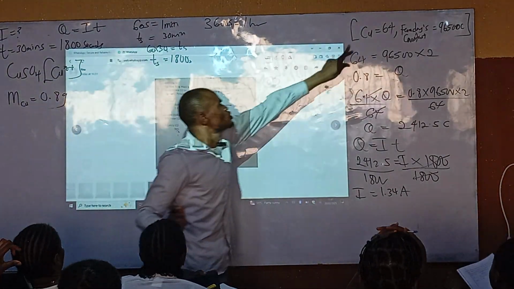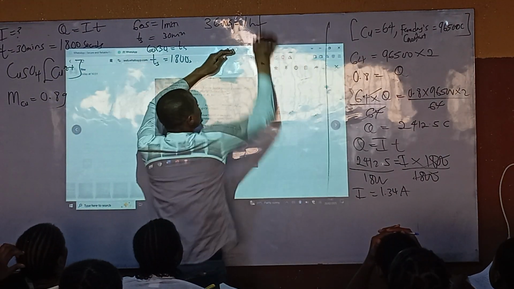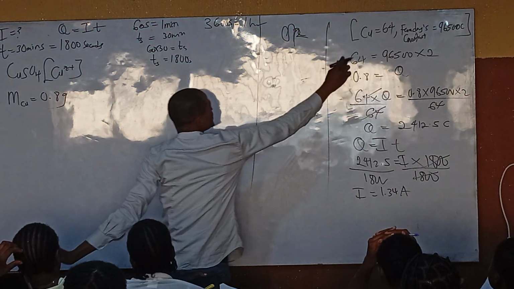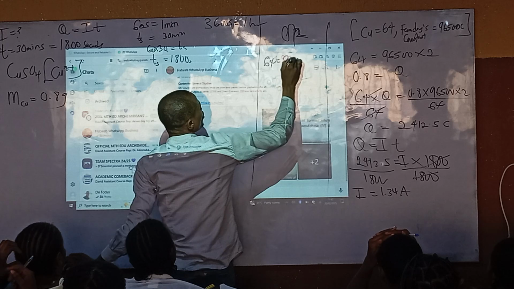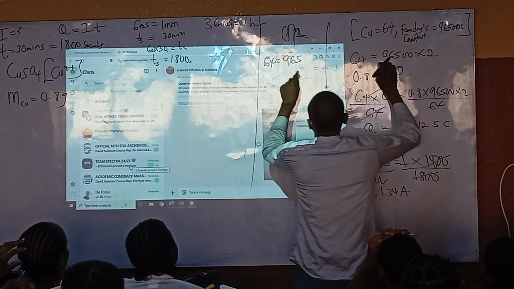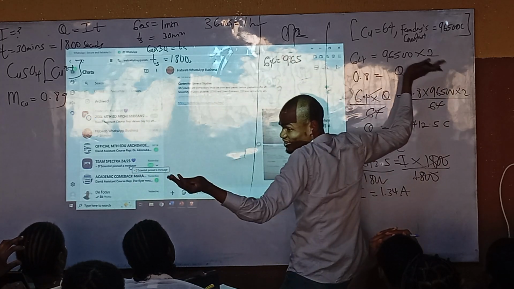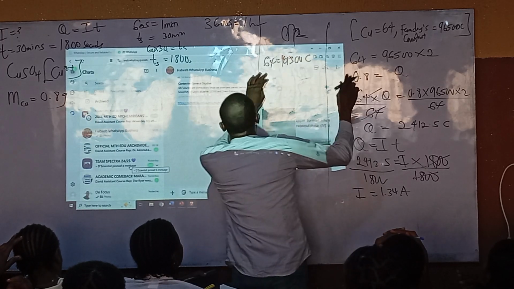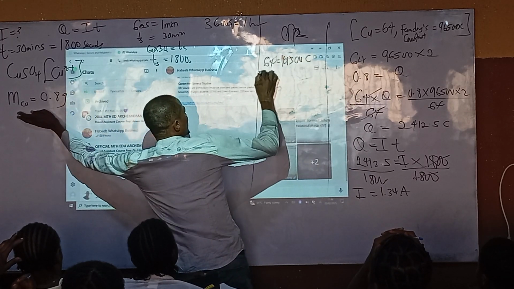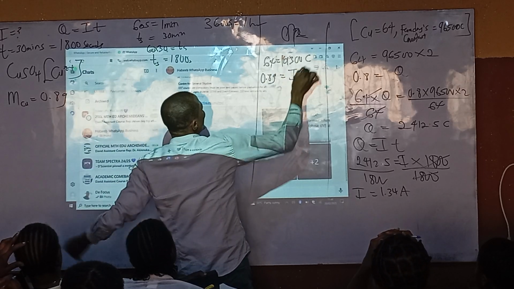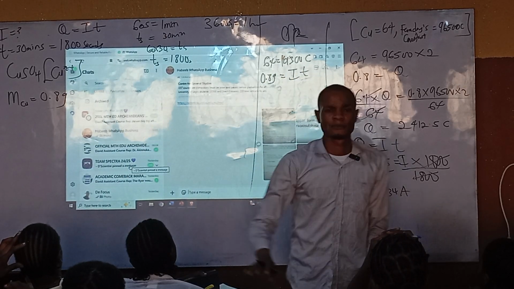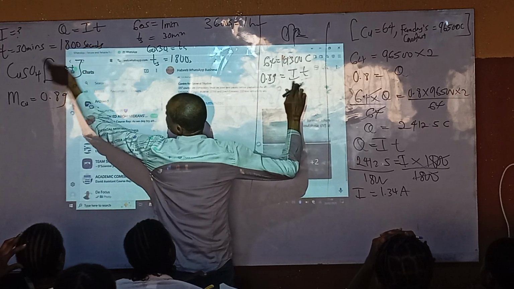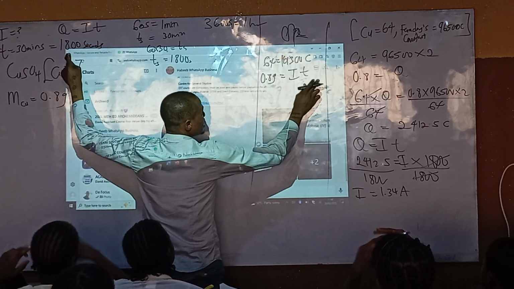If anything jams, just say 64 equals 96,500 times 2. It's only 193,000. Hold on. Now put the mass they give you there: 0.8 gram equals IT, and IT is your Q. Your I is what you are looking for, and your T is 1,800.